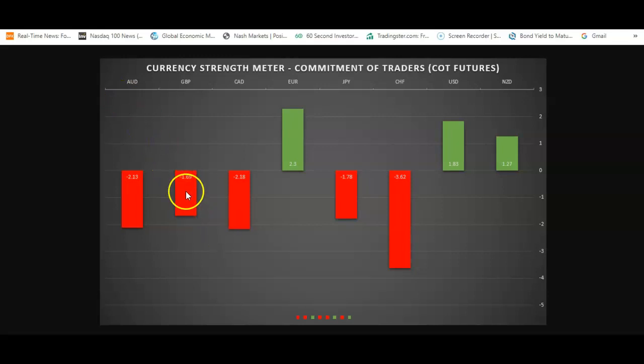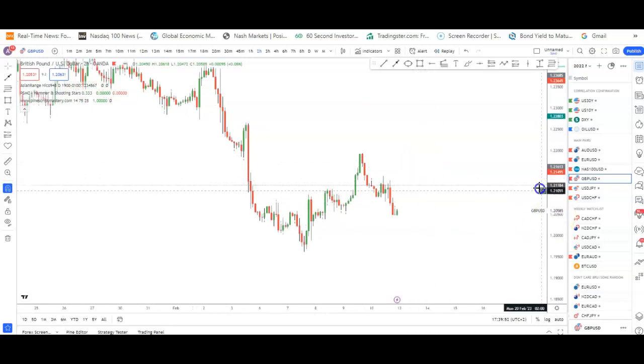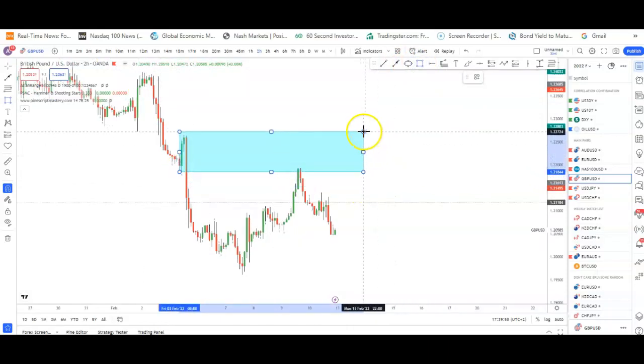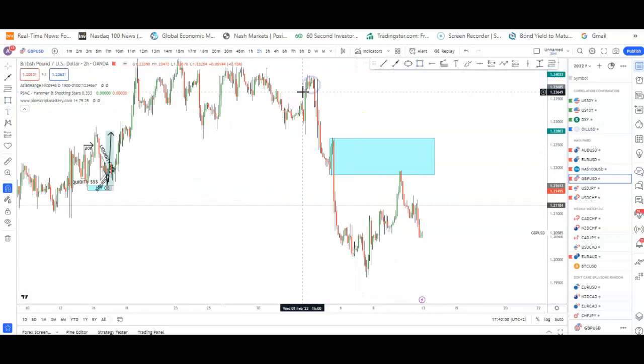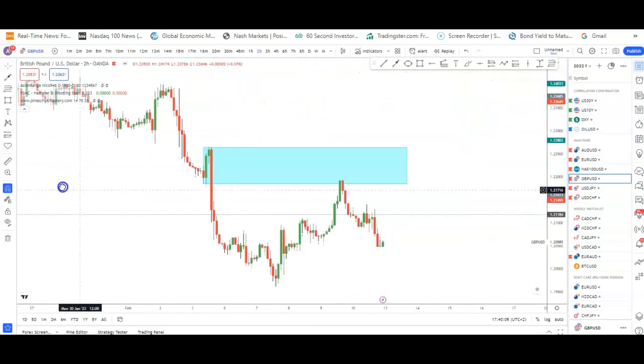Okay, I have a weak pound, strong USD. Okay, we can check. It's a similar setup to AU. Tap this. Tap that.